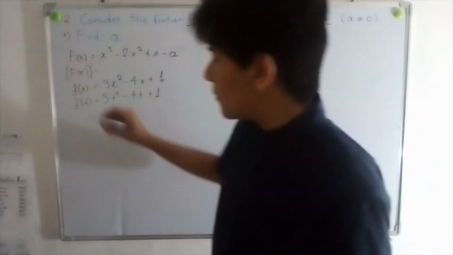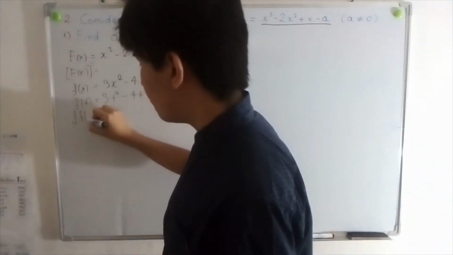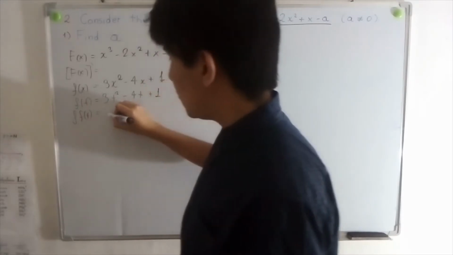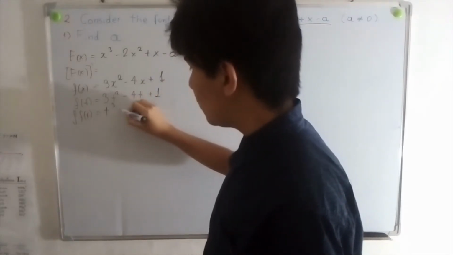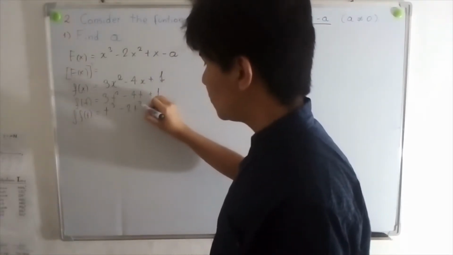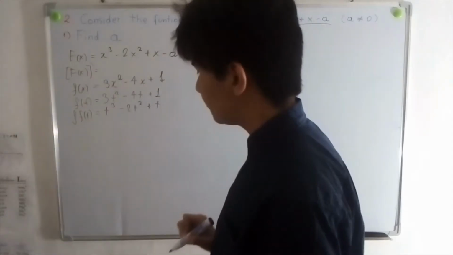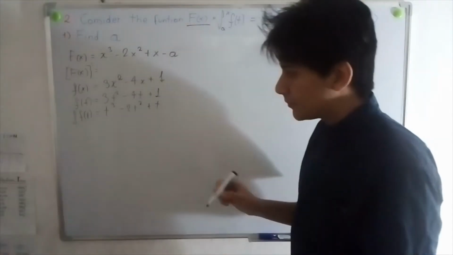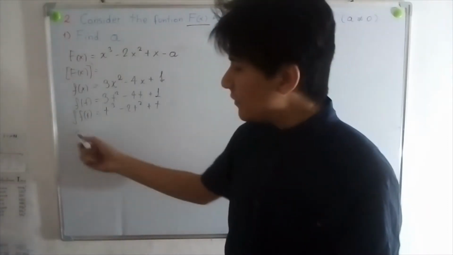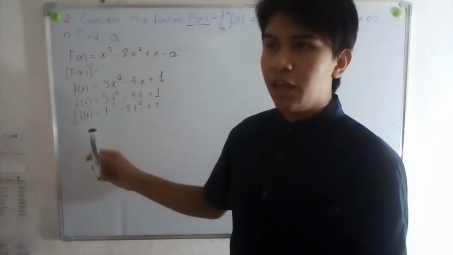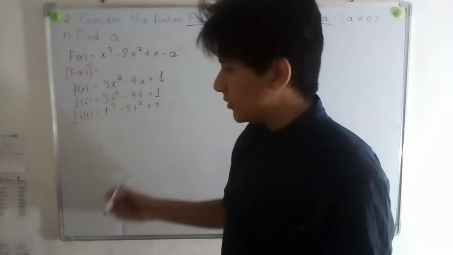And the antiderivative of f of t is t cubed minus 2t squared plus t. Now, what is the integral from a to x?